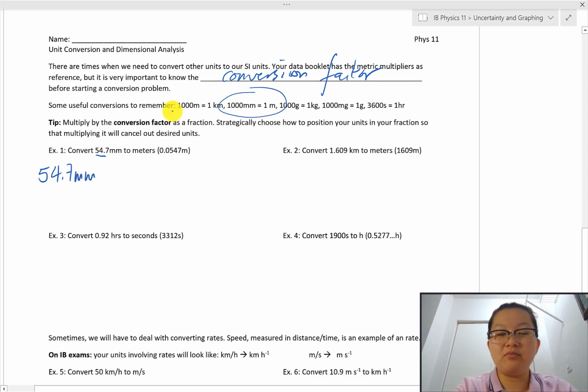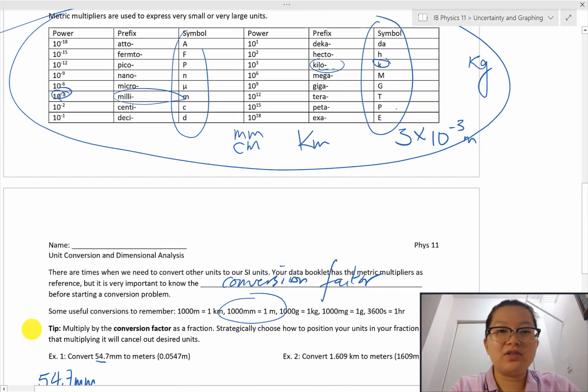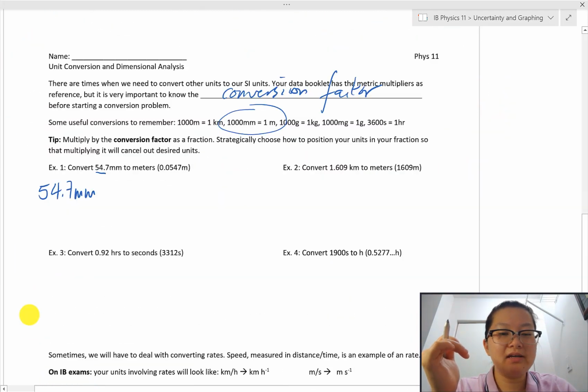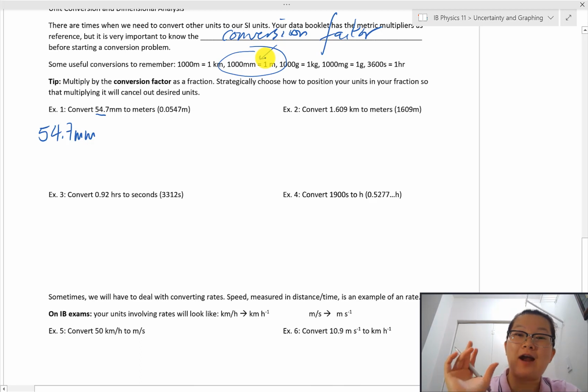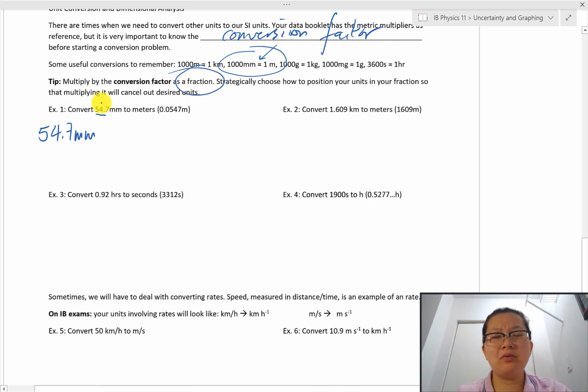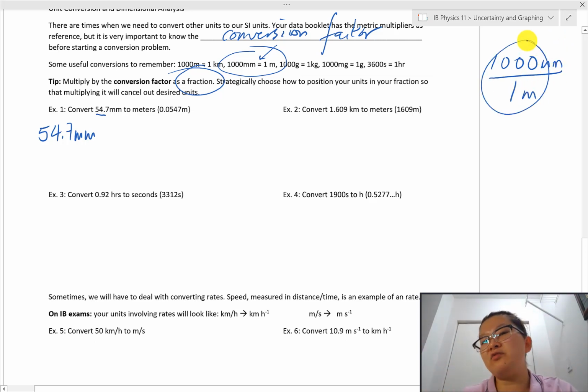Now we're going to find the conversion factor. I wrote it here for you, but if you don't remember, it's in your data booklet where you see this table. Now we're going to write this conversion factor as a fraction. You might be thinking, why a fraction? Well, if 1,000 millimeters is equal to 1 meter, then this fraction gives me a value of 1.